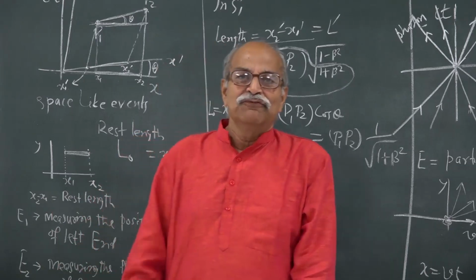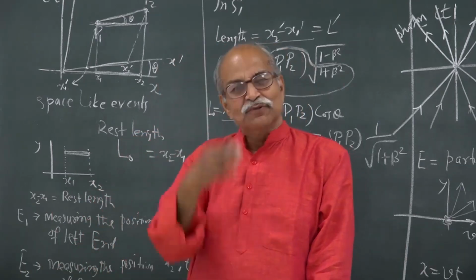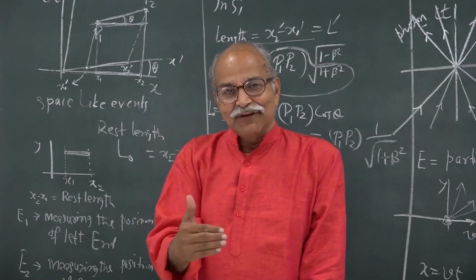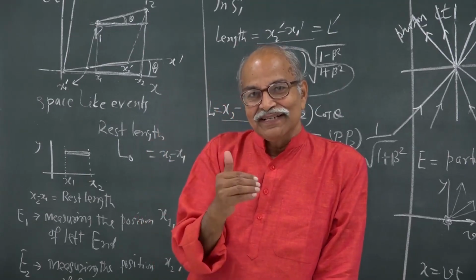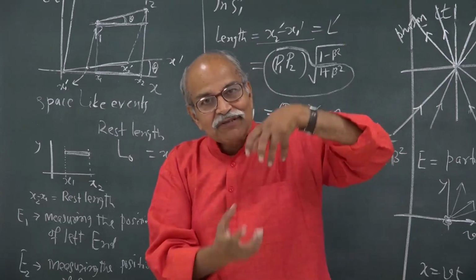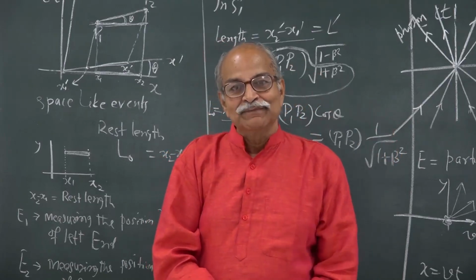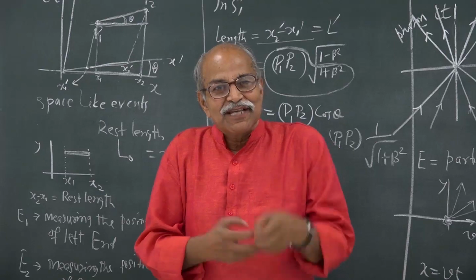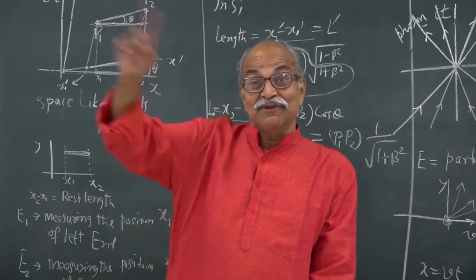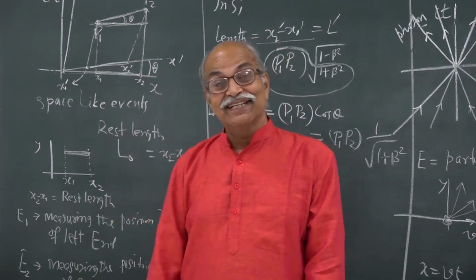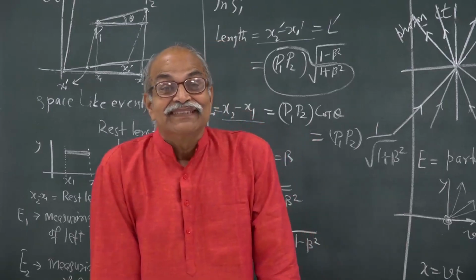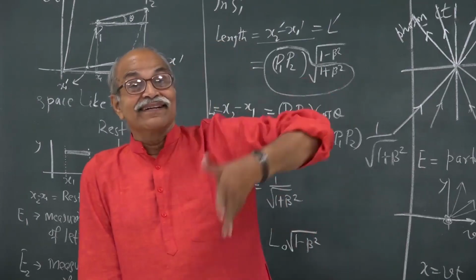And then we talked of four vectors, not only x and t for which the Lorentz transformation was initially derived, but a set of many more things like energy and momentum. They transform according to the same Lorentz transformation, the same matrix, and electric field and magnetic field transform as a second rank tensor.